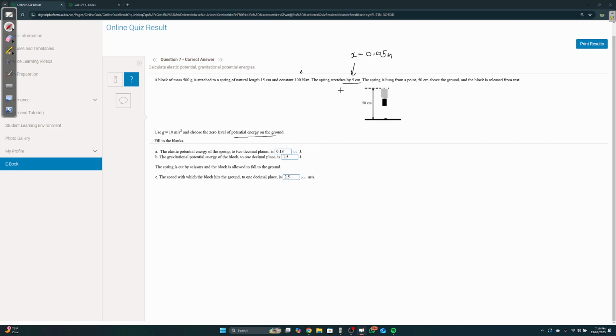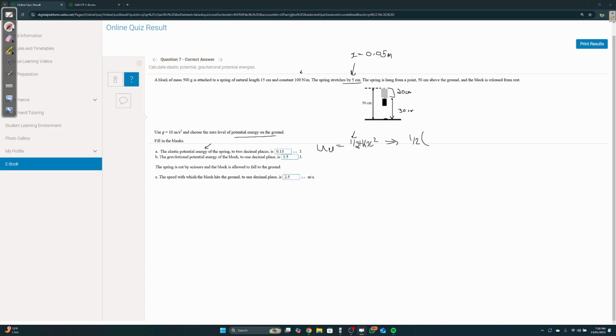But we have a spring over here, its natural length is 15 centimeters. When you attach this block, the spring stretches by 5 centimeters. So now it's going to be 20 centimeters in total, right? You're going to need this for later. Anyway, if this is 20 centimeters, this is going to be 30 centimeters in total. Anyway, the elastic potential energy. U elastic has its formula. Elastic potential energy is half kx squared. There's nothing better than this.